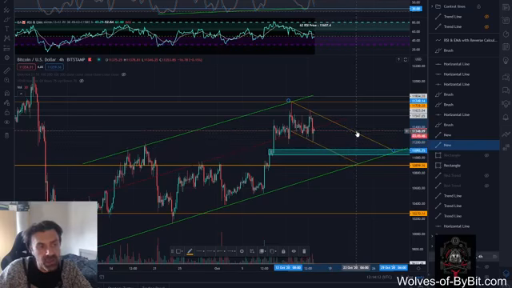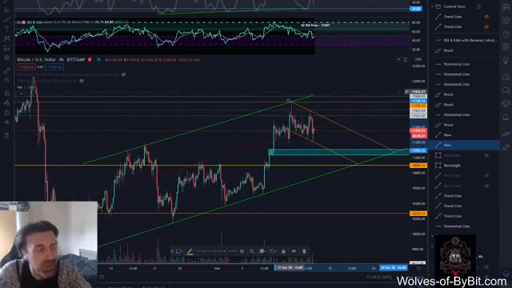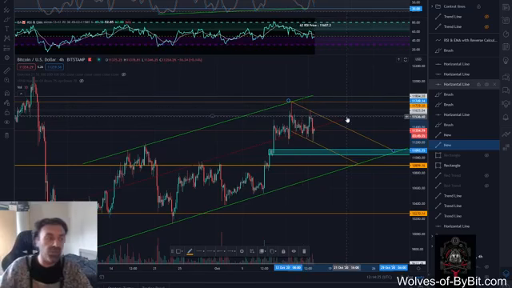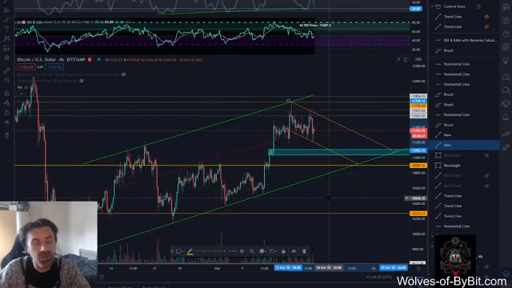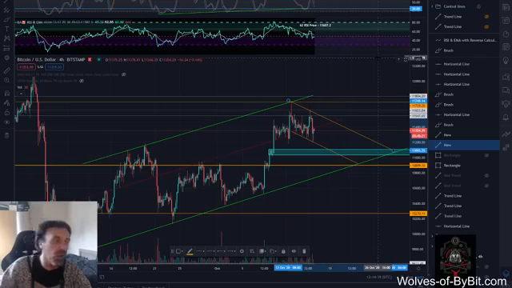Maybe even have a move outside of the channel, finish by touching this lower end. All this is possible. This is right now just trying to imagine every kind of possible scenario. Of course, we could see a swipe and a swipe and a swipe. Everything is possible. This is crypto. And we could also see a retake of this upper area and boom, go up.